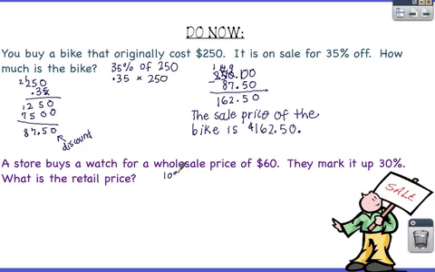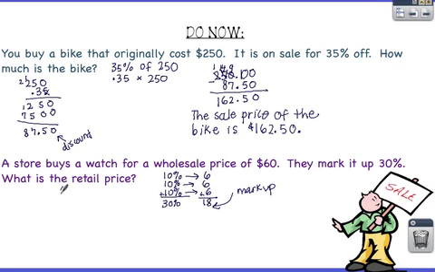So to write that out, for those of you that are more visual, 10% of the $60 is 6. So if I multiply that by 3, or take 3 of those, we find that 30% is 18. $18 is the markup.